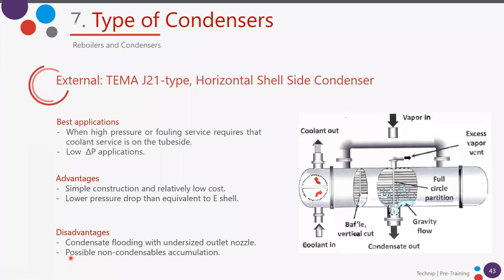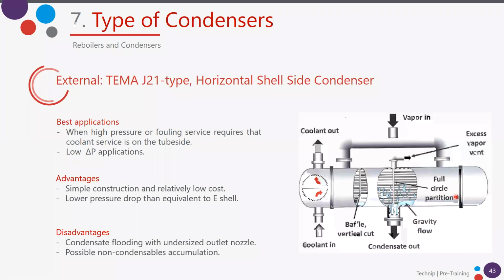Sorry, it wasn't clear. What's the design of the nozzle? Sometimes in industry, what we have found is that some customers say that they have liquid accumulation in the exchanger.